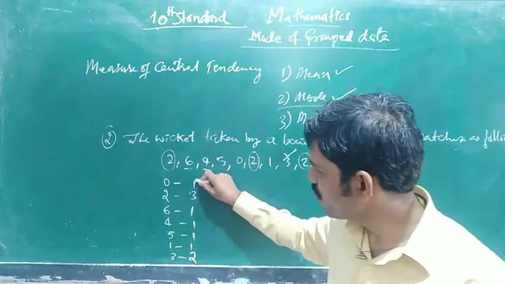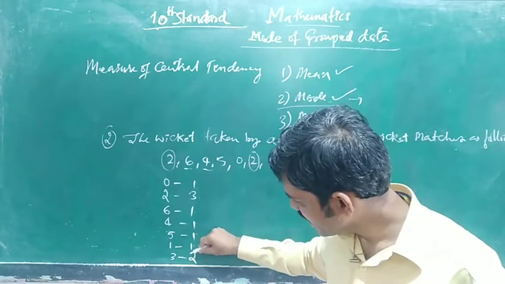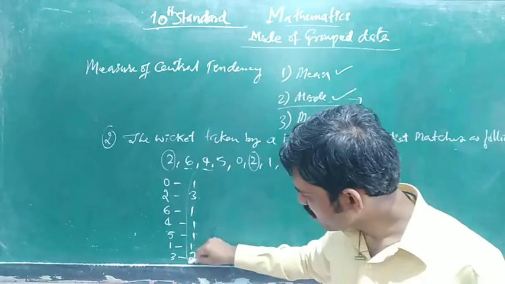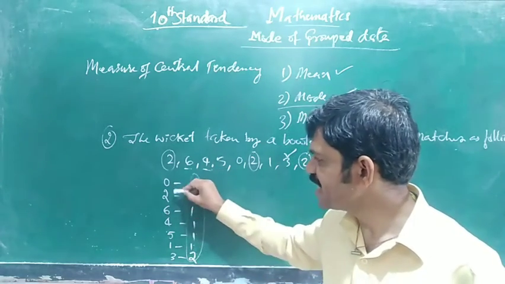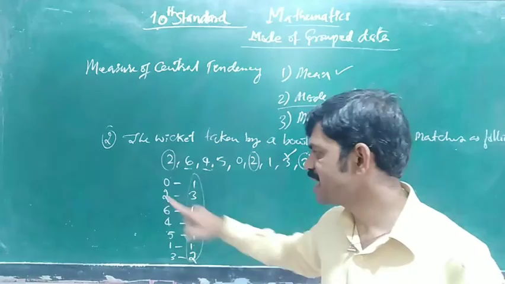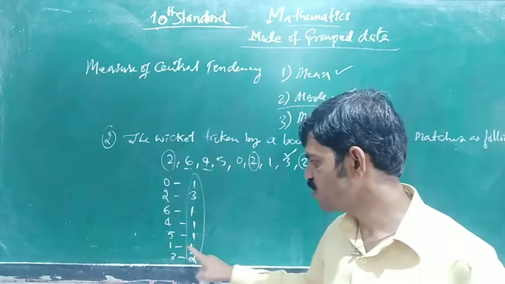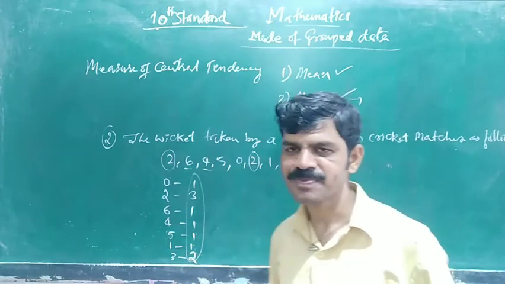This is the number of cricket matches: 1, 4, 5, 6, 7, 8, 9, 10. The wickets taken: in one match, 0 wickets were taken. In 3 matches, 2 wickets were taken. In 1 match 6, in 1 match 4, in 1 match 5, in 1 match 1, in 2 matches 3.